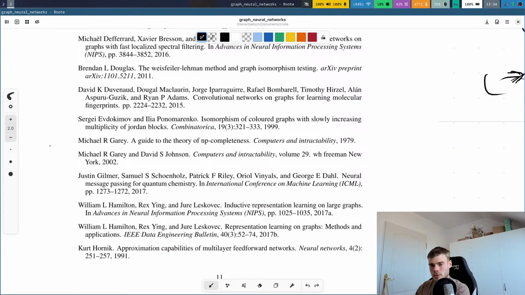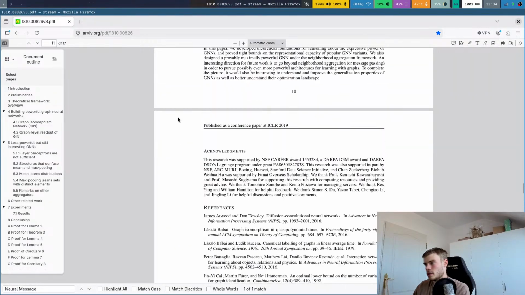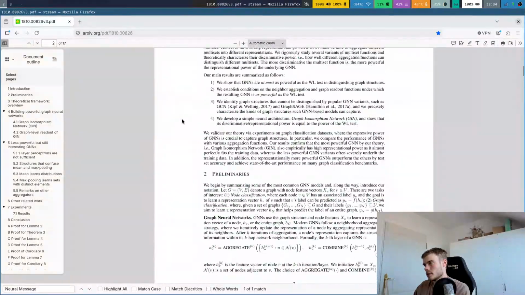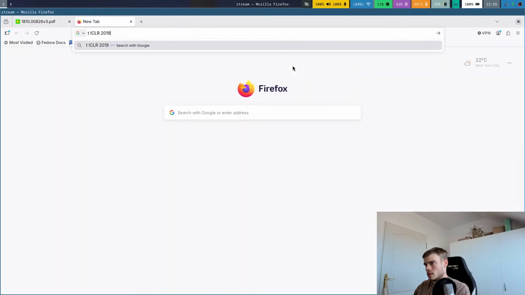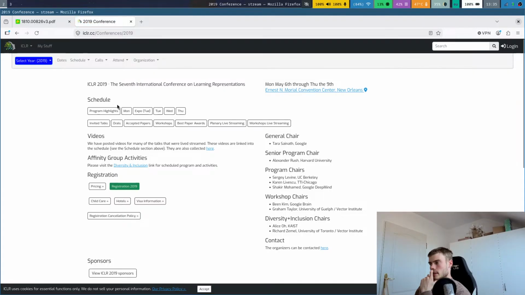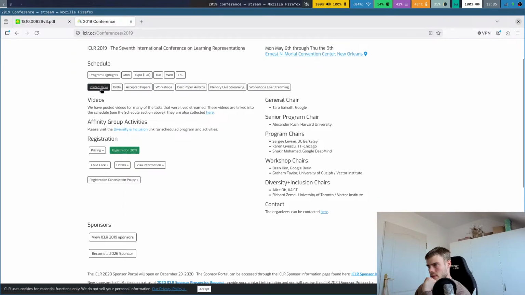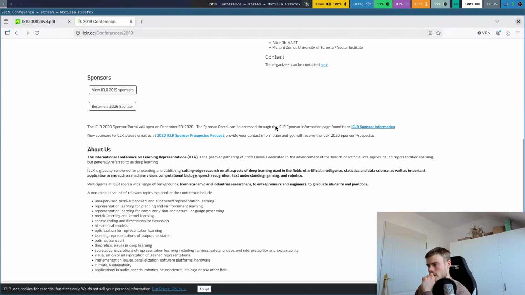Interesting. It would be interesting to look at the people who were at ICLR 2019. There are probably different tracks, like the talks. Contact.